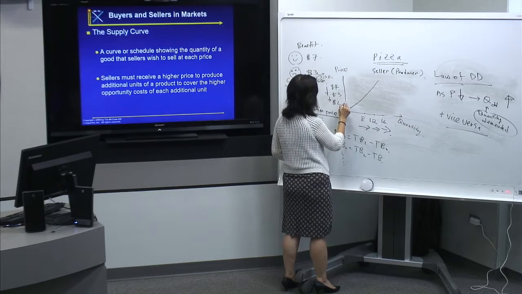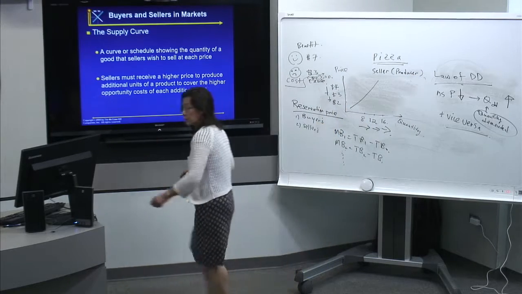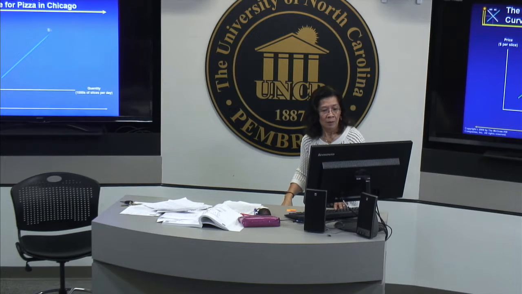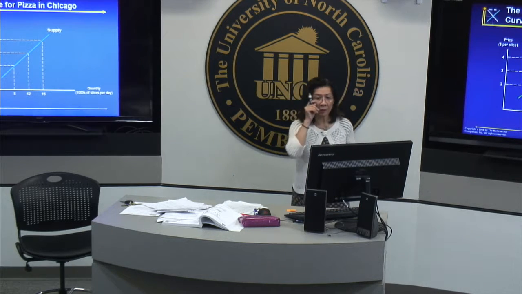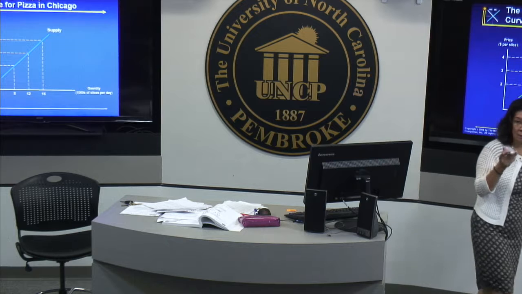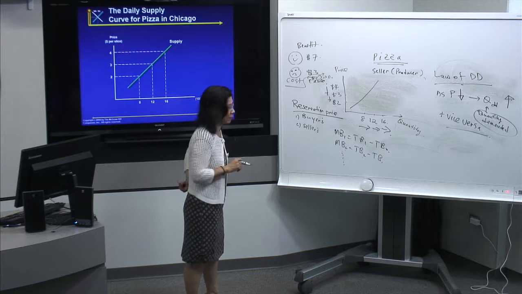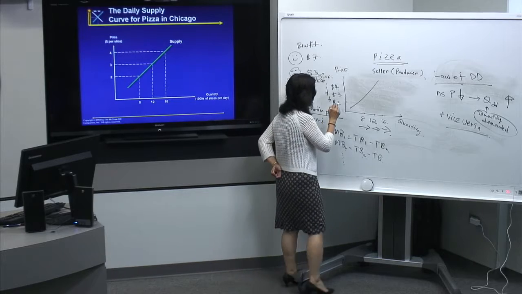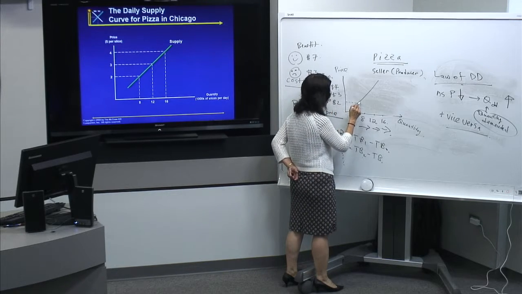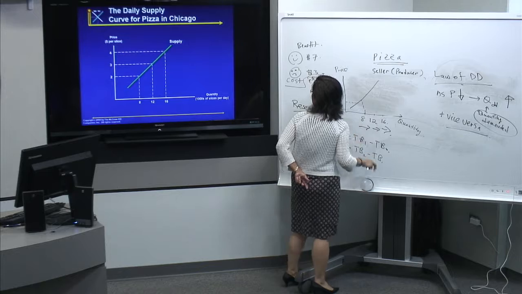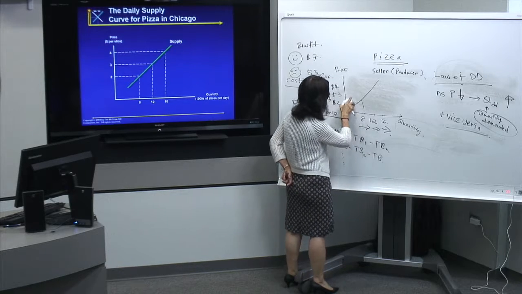Okay, so now let's look at the graph first. Now, when you do the supply side, you're looking at it from the seller's viewpoint. You are Pizza Hut now. You are Papa John's now. You are Domino's now. If it costs $2, I will supply 8 units. Let's just use the same numbers here.